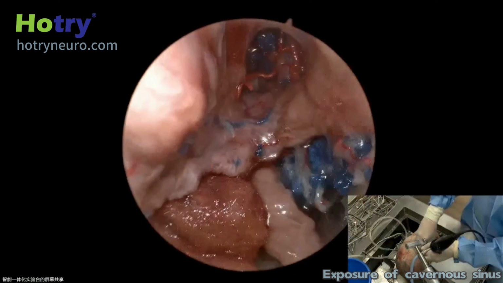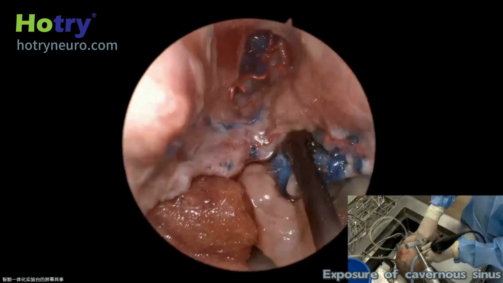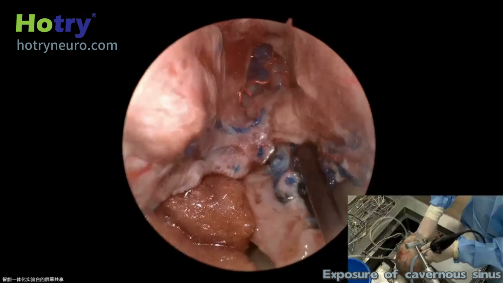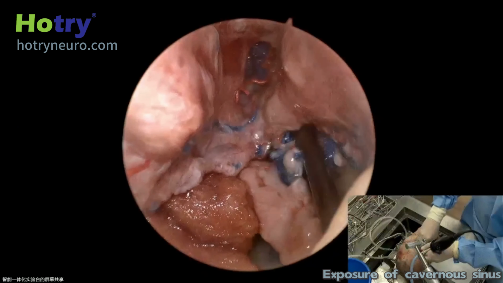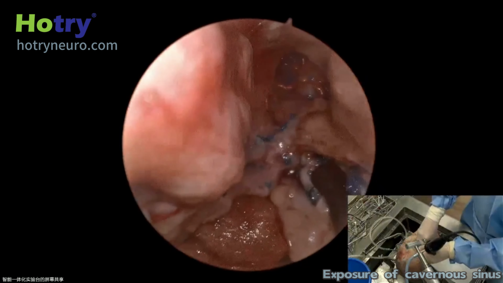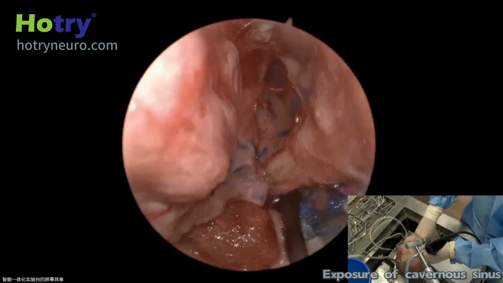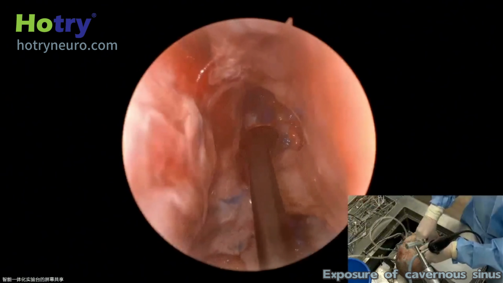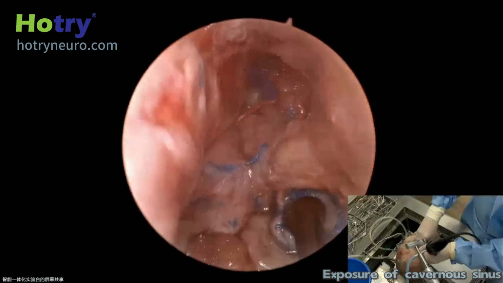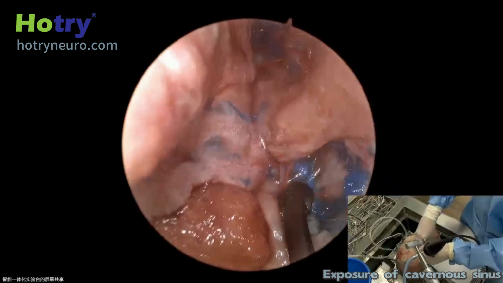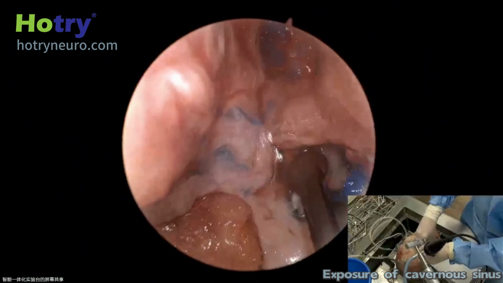Here is another corridor you can enter into the cavernous sinus, but without tumor this is smaller. So for pure intracavernous tumors, I would go through this corridor. This is a good surgical access between V1 and V2.